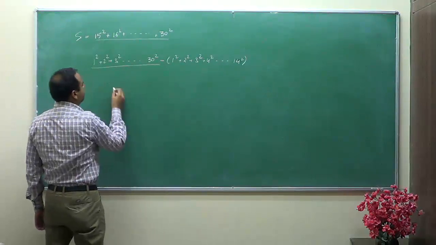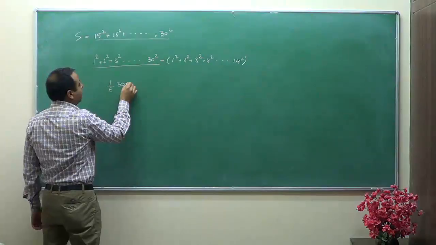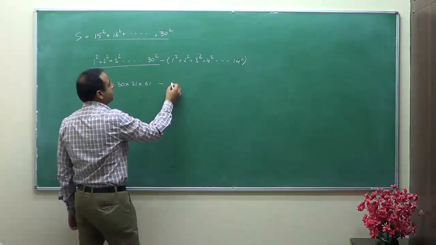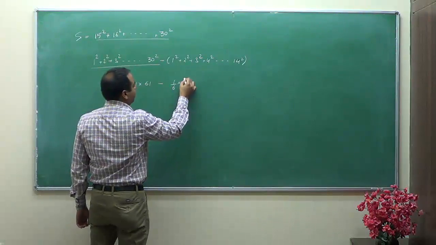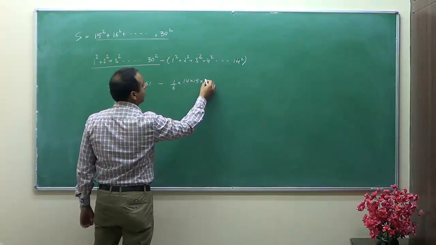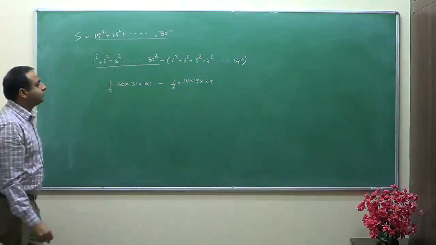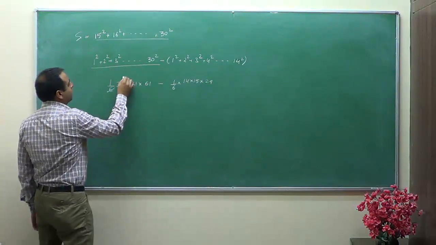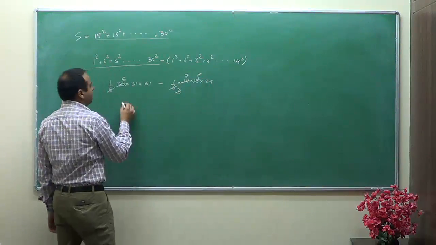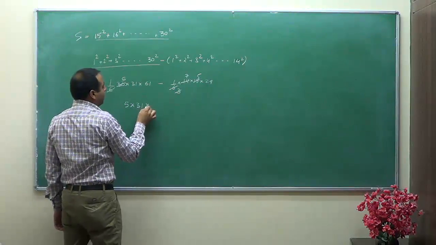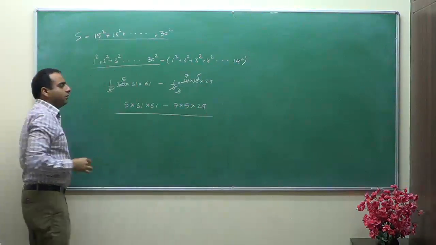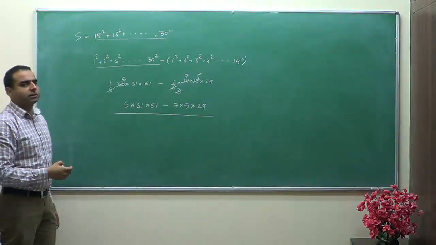Now we know the sum: 1 by 6 into 30 into 31 into 61 minus 1 by 6 into 14 into 15 into 29. So after simplification, it is 5 into 31 into 61 minus 7 into 5 into 29. So in this way we can find the sum.